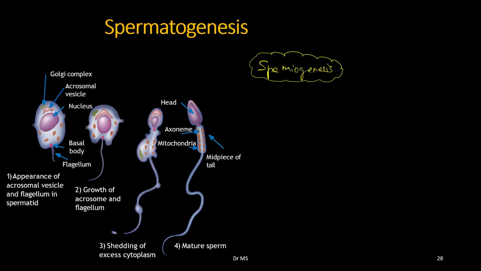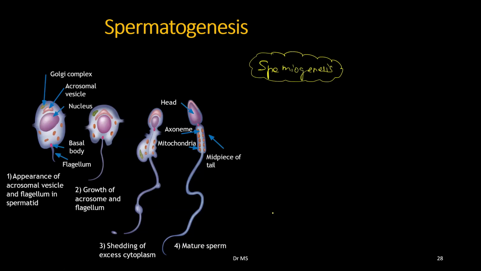What happens here is differentiation. For example, the acrosomal vesicle appears and the flagellum starts developing. The acrosome grows further and the flagellum grows further, and then the excess cytoplasm is shed, and it becomes a completely functional mature sperm. This entire process we call spermiogenesis.